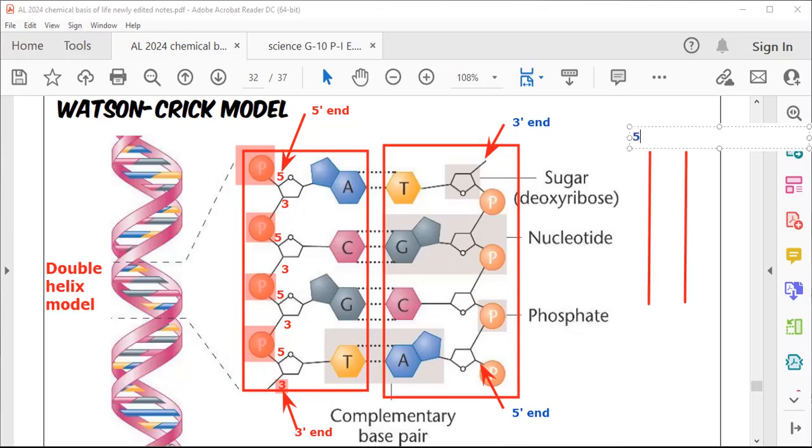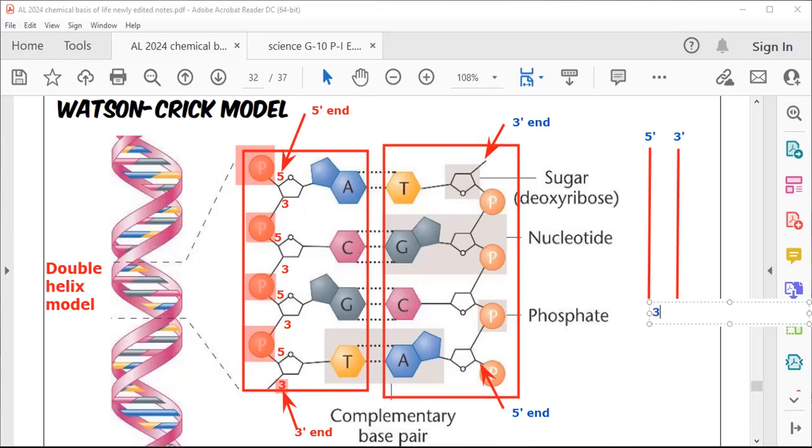If this is 5', then the other end is, what is it? 3'. Agree? Yes, sir.